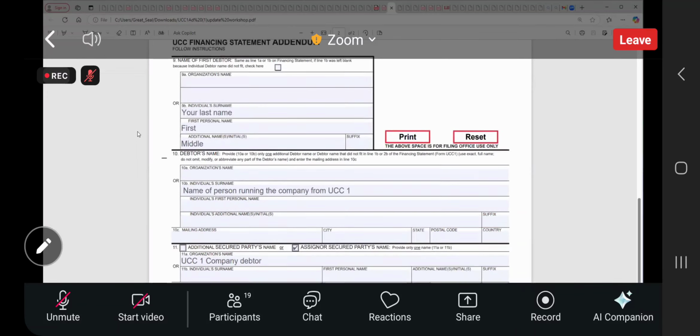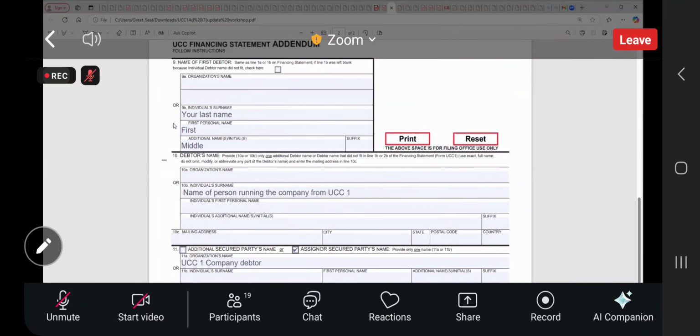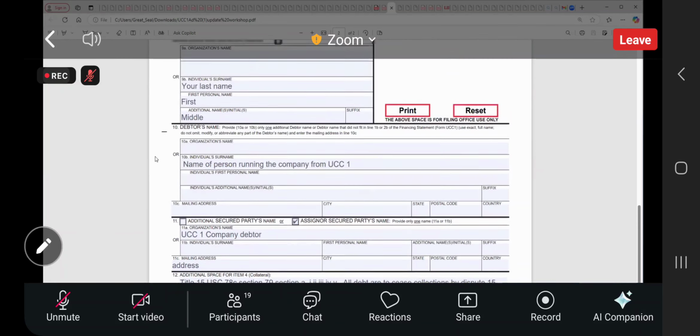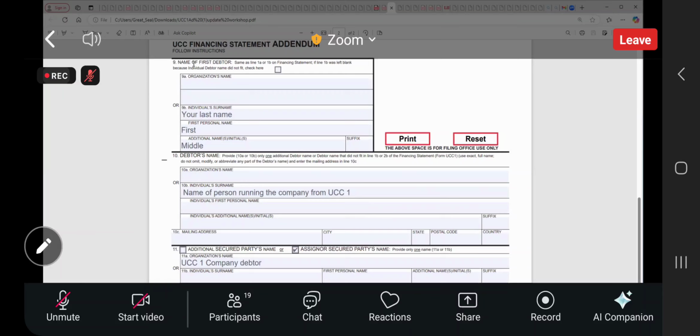Now we're at the UCC addendum. Again, understand what's going on here. Okay? Let's go from the top. 9, the name of the first debtor. You will go here in 9A, because you are the first debtor in box 1. Oh, excuse me, let me move this.